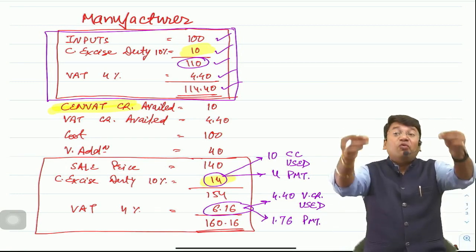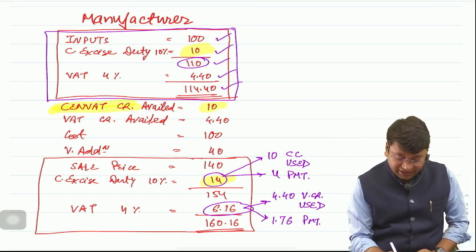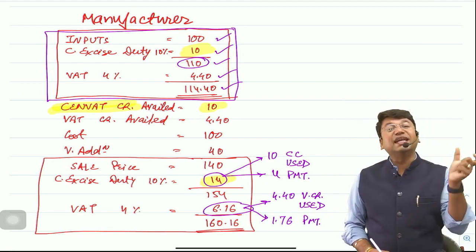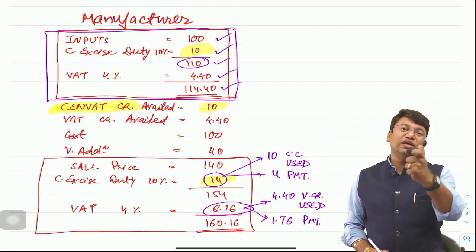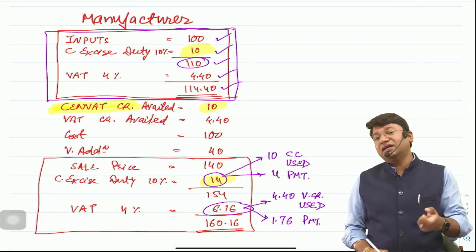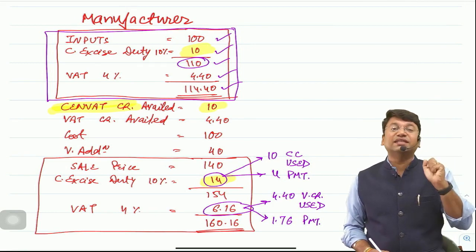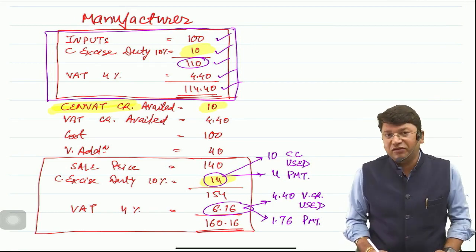So he availed the credit of rupees 10 as CENVAT credit. CENVAT means central value-added tax. CENVAT, central VAT. So he availed the CENVAT credit of rupees 10, which was excise duty charged by the supplier, manufacturer.